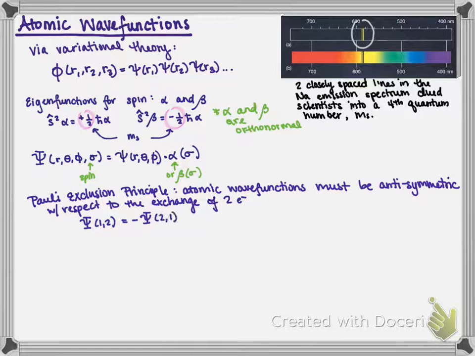So if we had some psi of electrons 1 and 2, and we exchanged them, our wave function would be negated. This is kind of a strange thing. So we have a methodology of multiplying our hydrogen atom-like wave functions in order to get wave functions which will be antisymmetric, which will follow Pauli's exclusion principle.